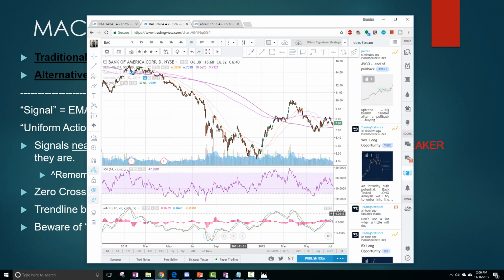This would be an example of symmetrical price action. Notice right here how we come up, we cross the zero line, and we come right back down. This side is pretty much equal to that side. I would call that uniform action. We'll discuss that later.